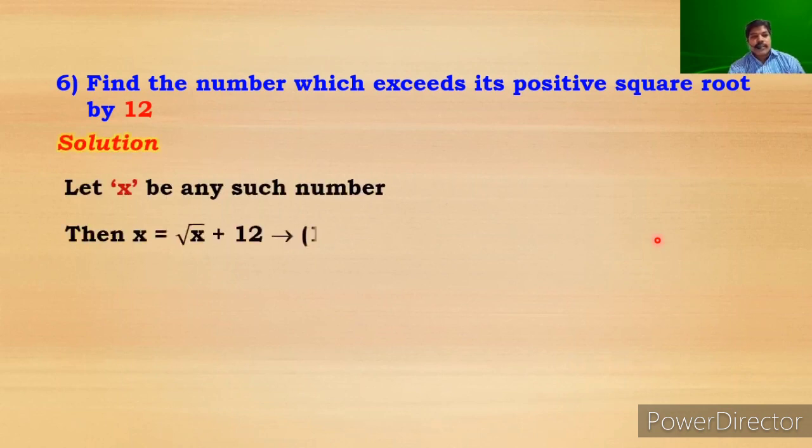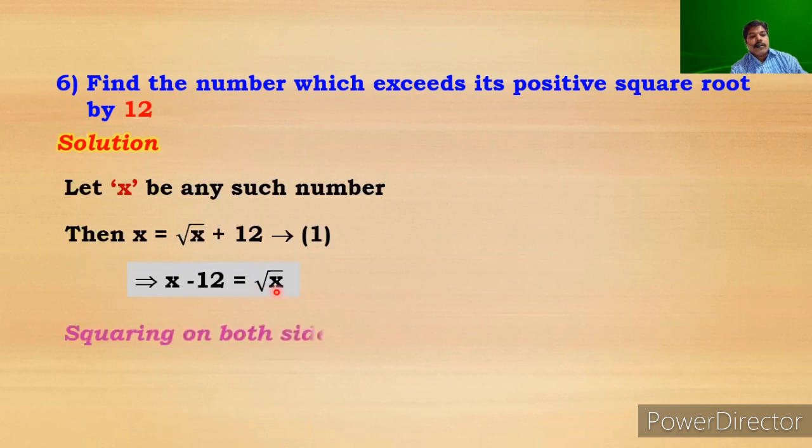The meaning of the given condition is the number exceeds its positive square root by 12. So x is equal to root x plus 12. Take this 12 to this side. So it will become x minus 12 is equal to root x.